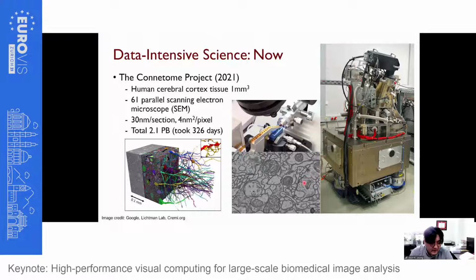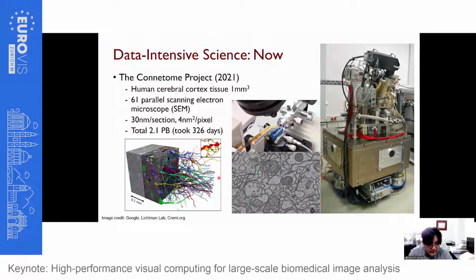The final goal, once we have this extremely high resolution image, is to extract neuron structures or neural connections by applying image processing and computer vision algorithms. And in the end, we apply visualization algorithms to make sense of all this connectivity information in the brain.